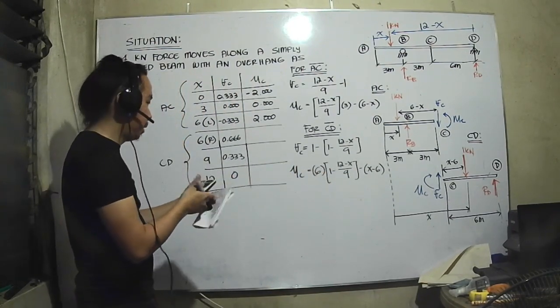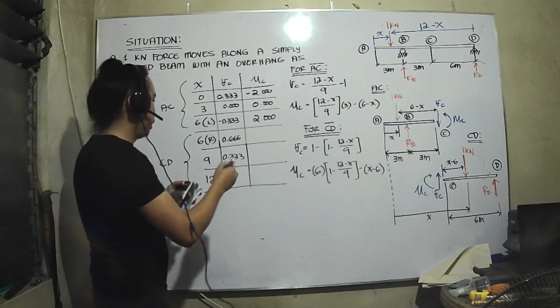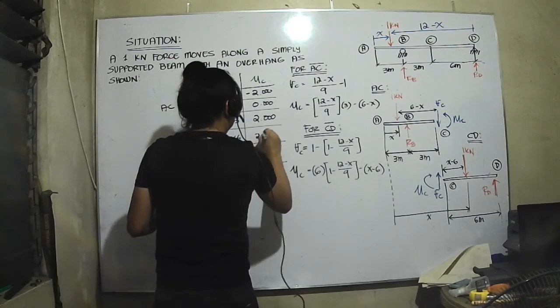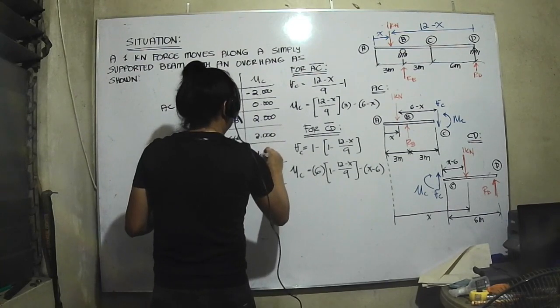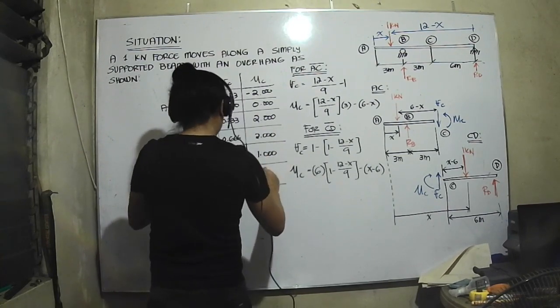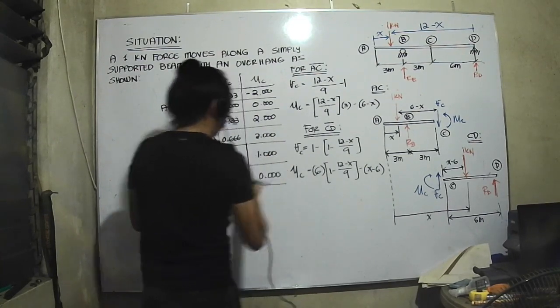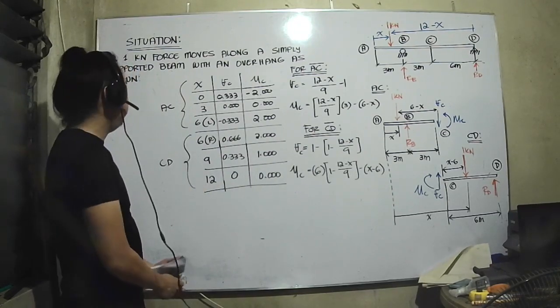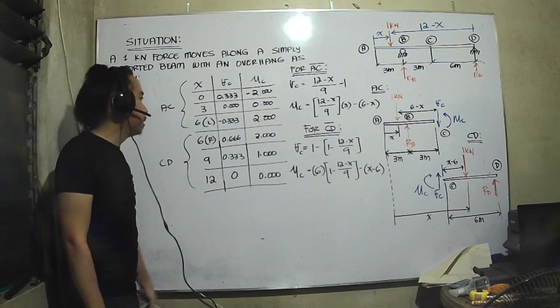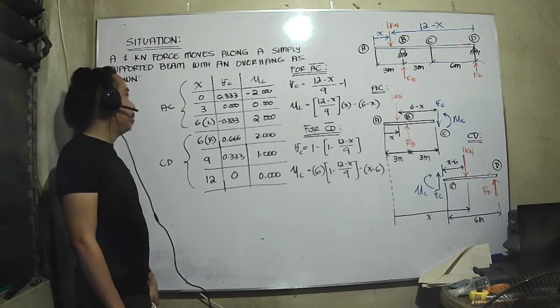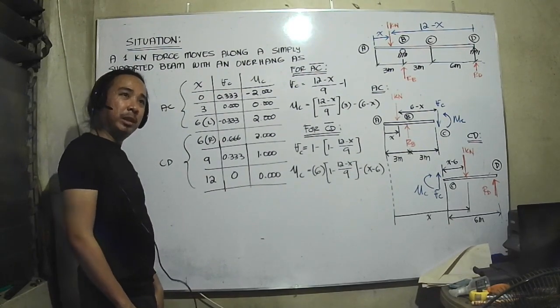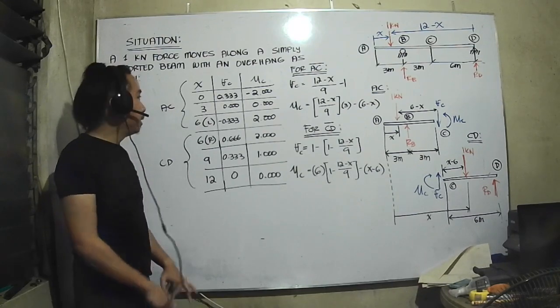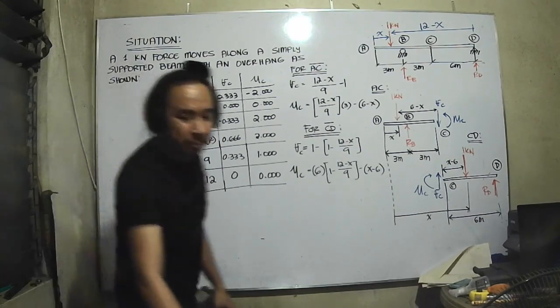So, kumakuha din dari 2.000, 1.000, and then 0.000. Okay? Muna siya itong values.